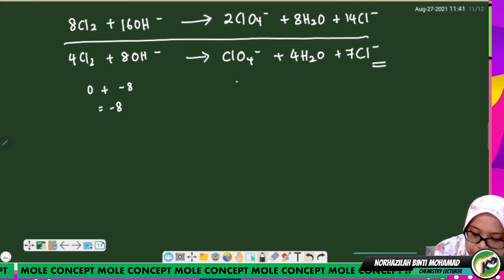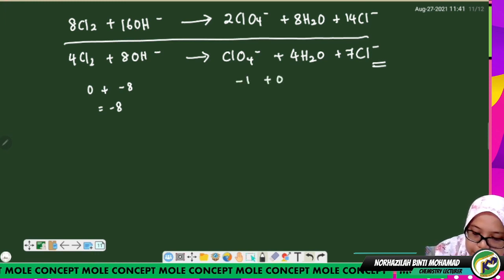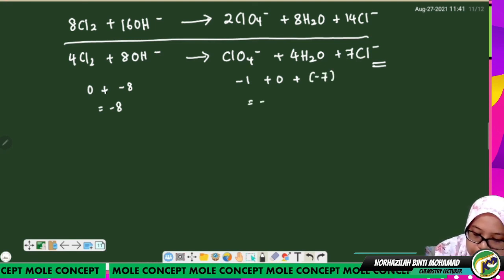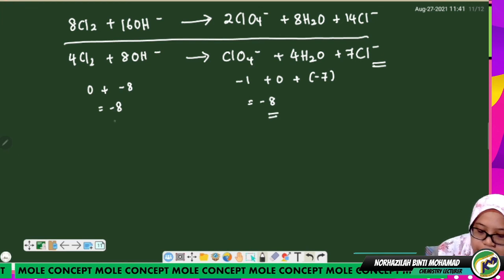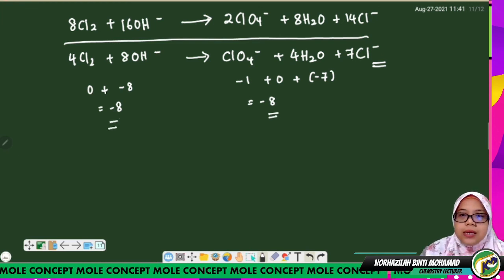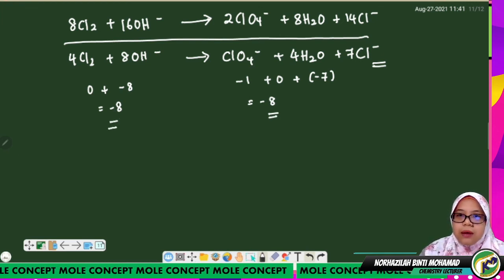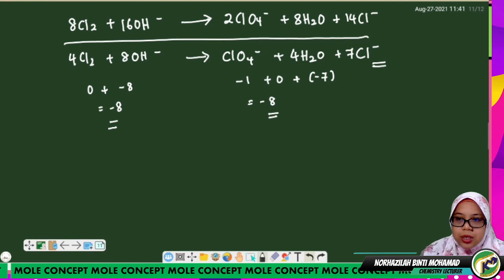On this side I have negative 1 plus 0 plus negative 7, so the total here is negative 8. So the total charge is the same on both sides, which means we have correctly balanced the equation.